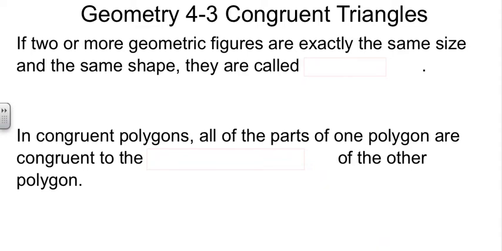This is Geometry Chapter 4, Section 3, in which we will study congruent triangles. Whenever we're talking about geometric figures, triangles, squares, rectangles, trapezoids, hexagons, whatever, any kind of figures that are exactly the same size and exactly the same shape, we call those congruent figures.